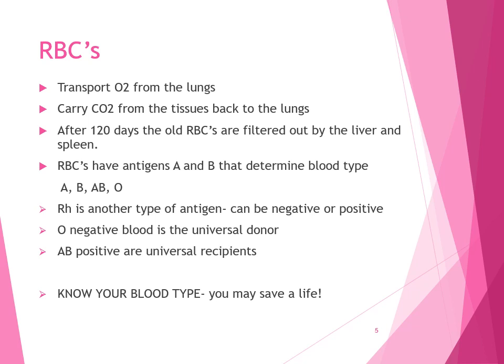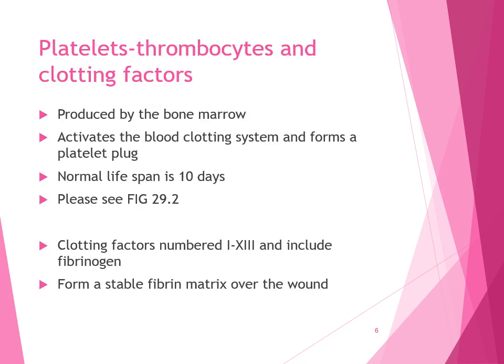You can be A, B, AB, or O. Now, Rh is another type of antigen, and that can be either negative or positive. O-negative blood is the universal donor. AB positive is the universal recipient. So, know your blood type, because you can save a life one day.